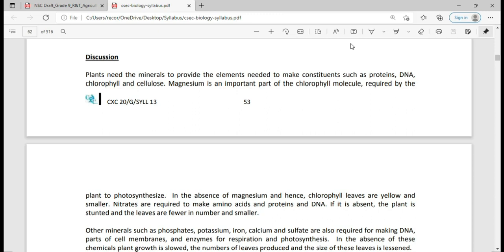So it starts by saying plants need the minerals to provide the elements needed to make constituents such as protein, DNA, chlorophyll, and cellulose. Magnesium is an important part of a chlorophyll molecule required by the plant to photosynthesize.